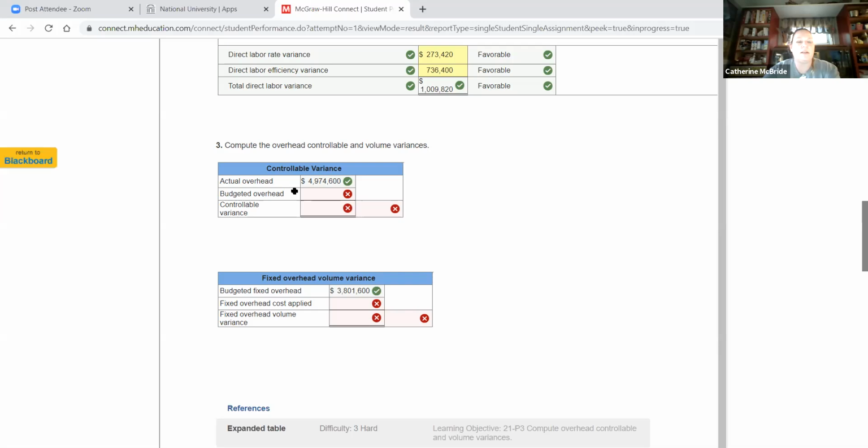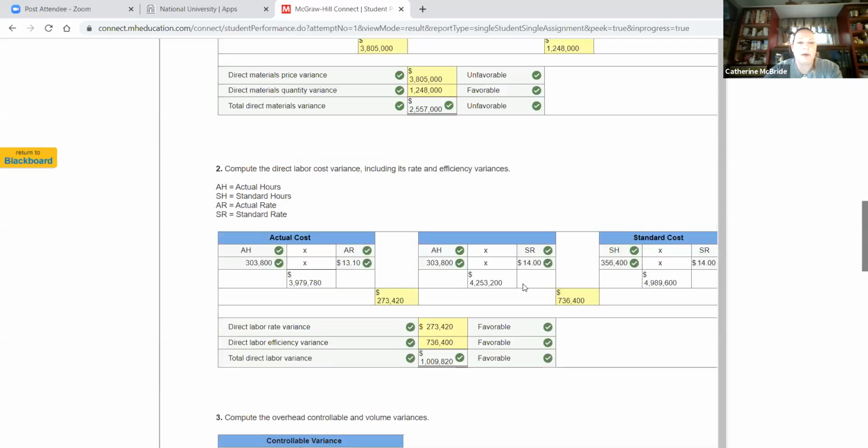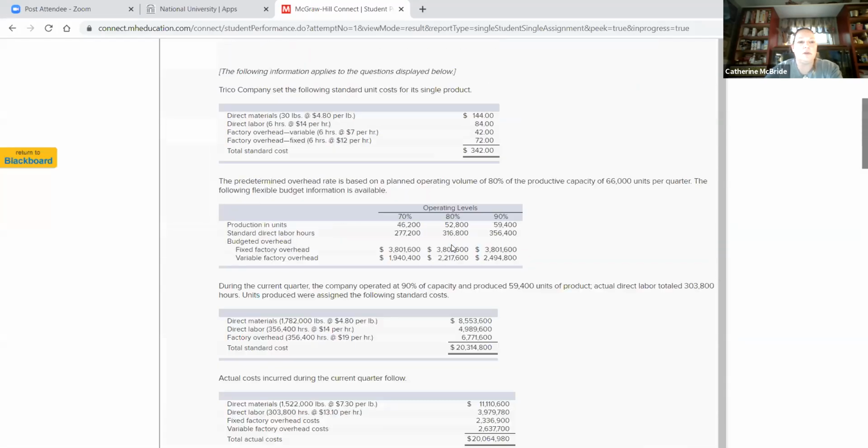Controllable variance, oh, it must be variable. Fixed overhead volume variance. Okay. Controllable and fixed, so let's see what they mean by that.